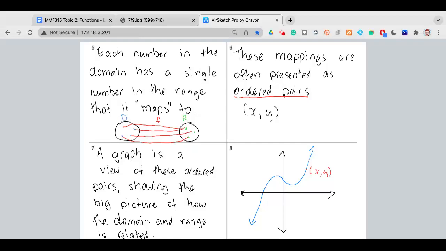So x is in the domain and y is in the range. We call them ordered pairs because you always put the domain coordinate first and the range coordinate second. Always, always, always. Hence, it's an ordered pair.